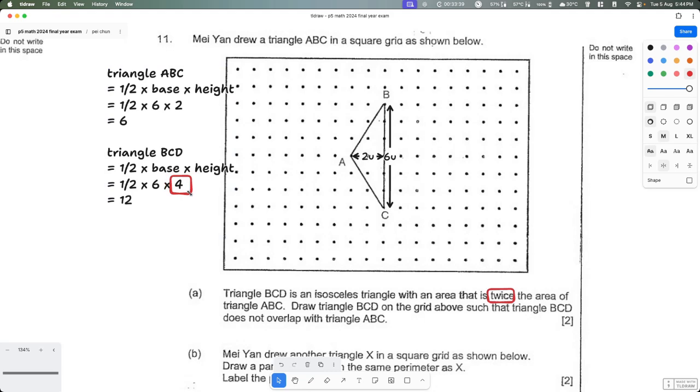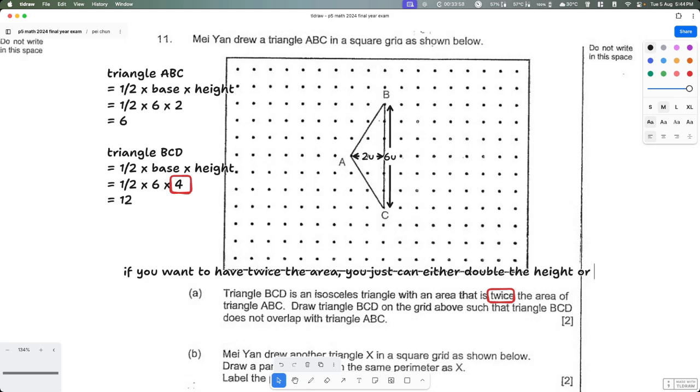If you want to have twice the area, you can either double the height or the base.